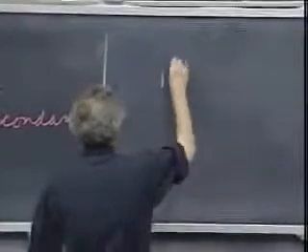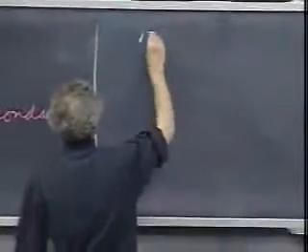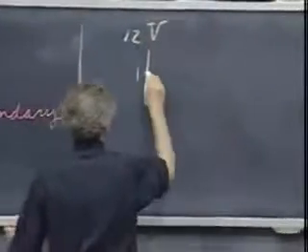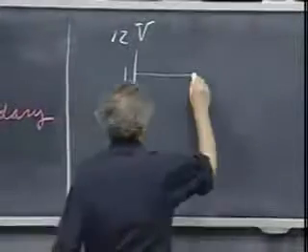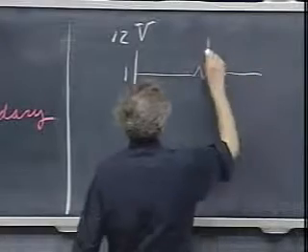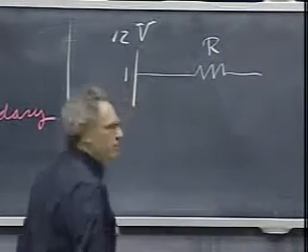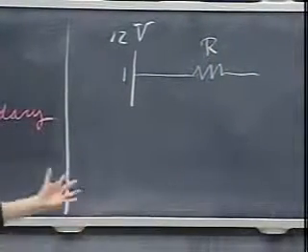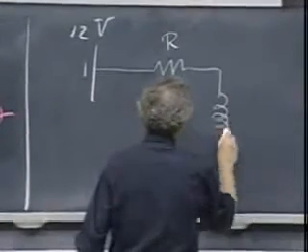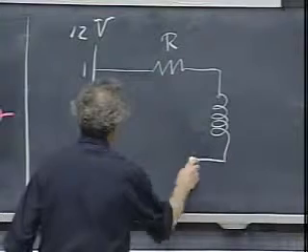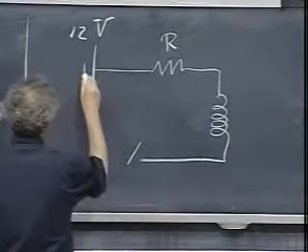So here is my 12-volt battery. There's always some resistance, of course, in the circuit. If you have a coil, you always have some finite resistance. And then here is a coil, and here is a switch.